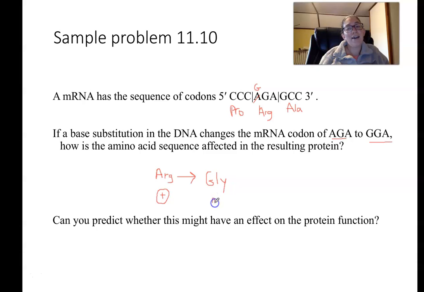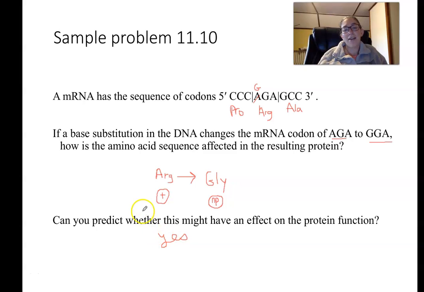Glycine is a nonpolar amino acid. Right, so these two amino acids have very different chemistries. Nonpolar and polar charged are two very different types of things. So do I think this will have an effect on the protein function? Yes, I do.